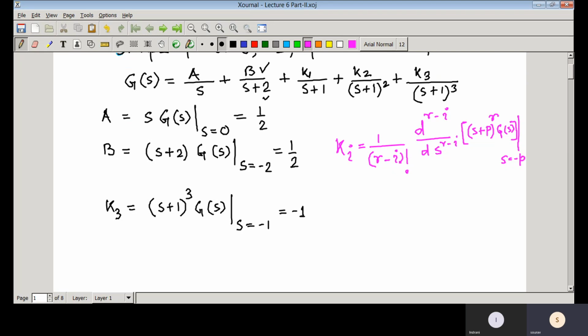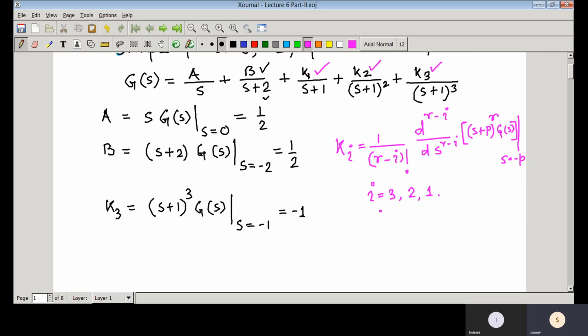So here i is equal to, say, 3, 2 and 1, because in this case there are three coefficients, that is K1, K2 and K3.